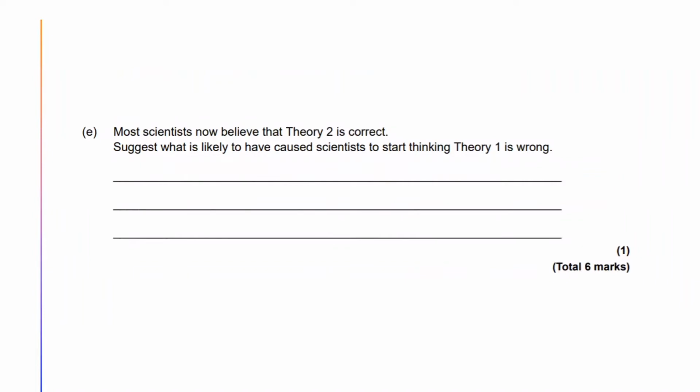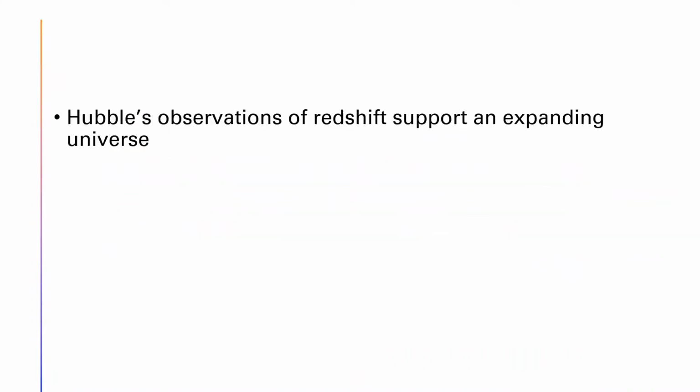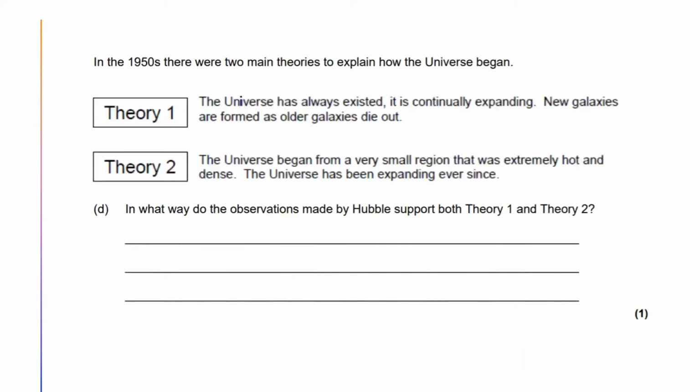Most scientists now believe theory 2 is correct. You probably know that as the Big Bang theory. Suggest what is likely to have caused scientists to think theory 1 is wrong. So be careful with that question, because you probably think it's asking what's the evidence for Big Bang, but it's not. It's asking what is likely to have caused scientists to think theory 1 is wrong.